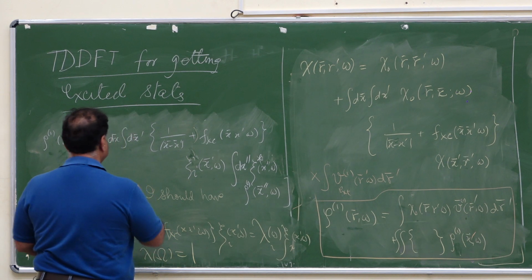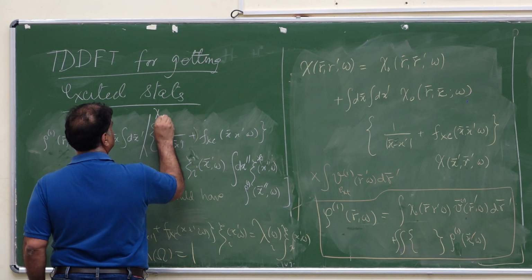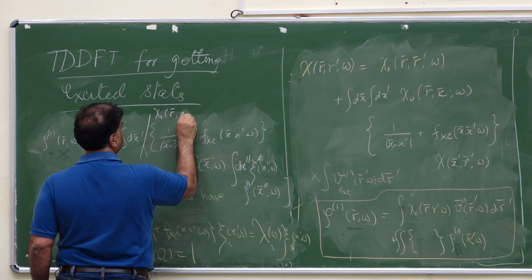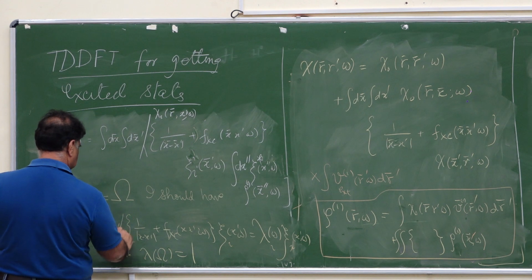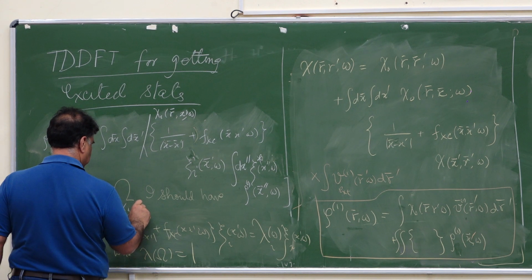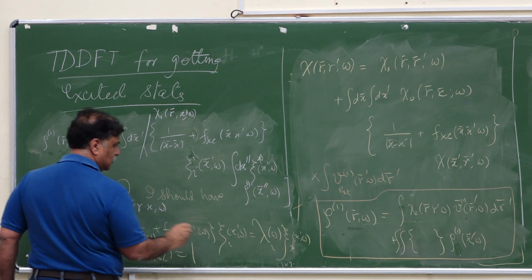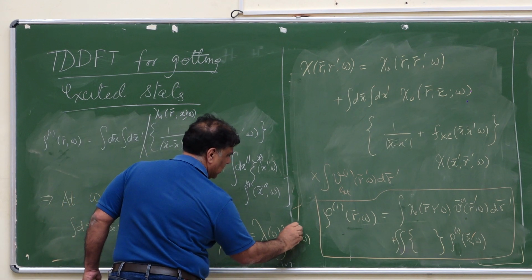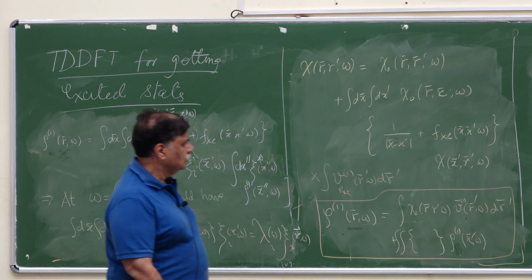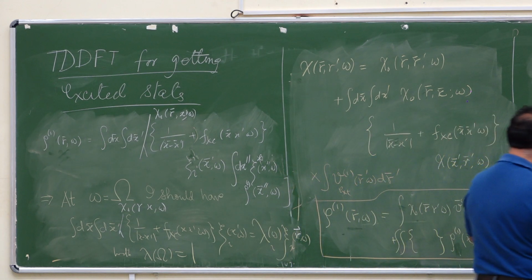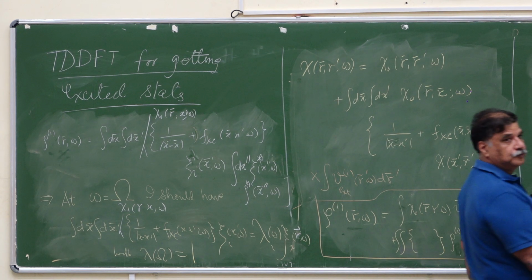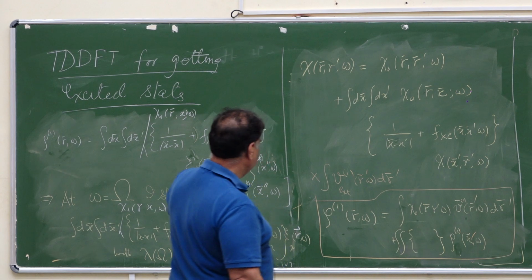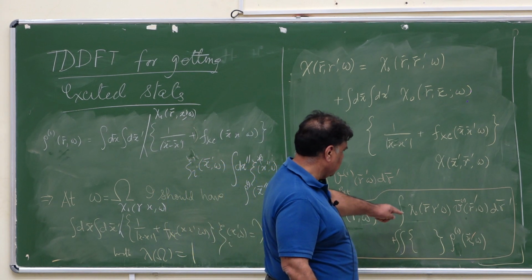There's a chi naught, chi naught r x omega. That is what I see. I missed that. While transferring the equation, there was a chi naught floating around here.